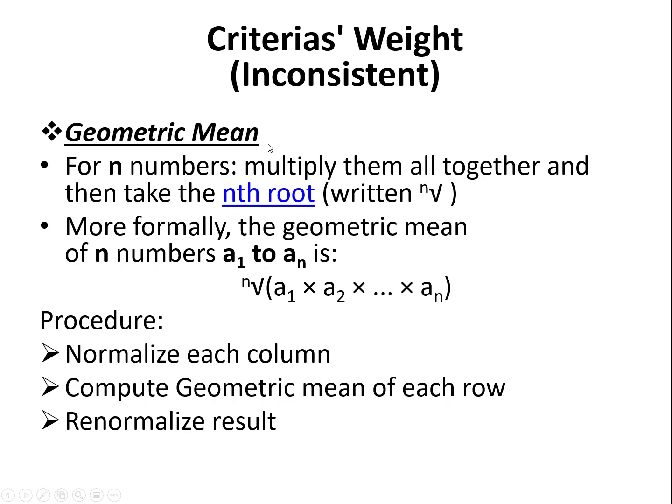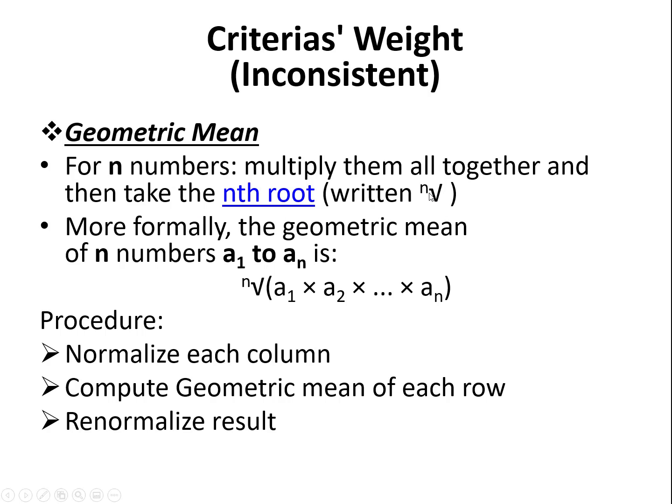You are well aware of the geometric mean application. What is the geometric mean? You already studied that in statistics and mathematics. For n numbers, multiply them all together and then take the nth root.